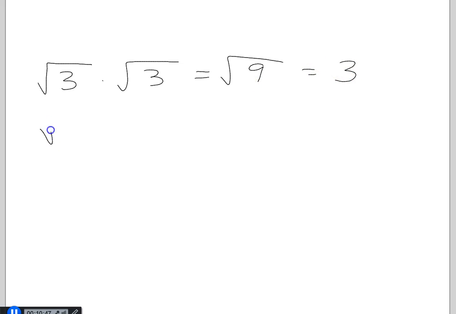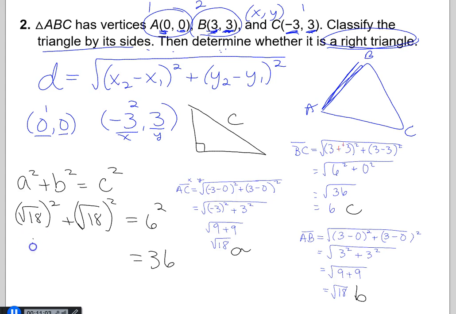So when I do the square root of 18 times the square root of 18, I get the square root of 18 times 18, which would just give me 18. So whenever you square a square root, you just get the number underneath, but only if you square it, not if you do anything else to it.